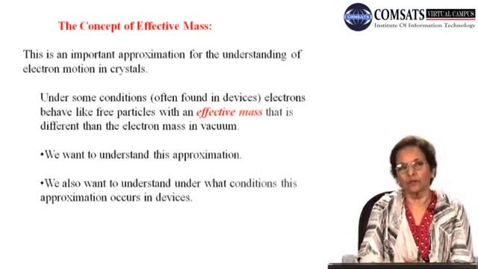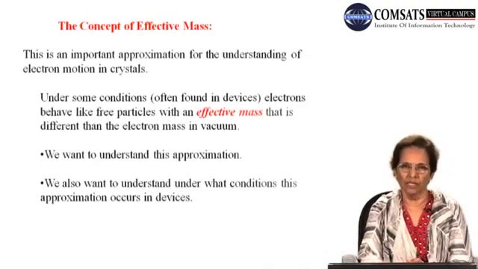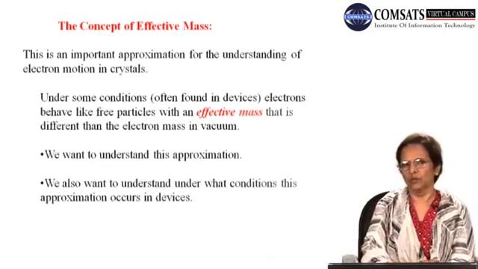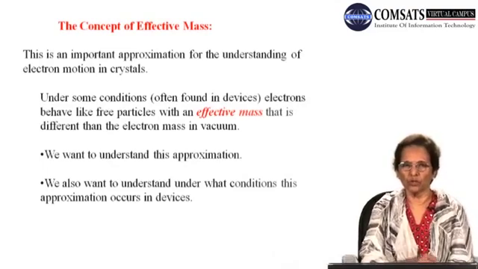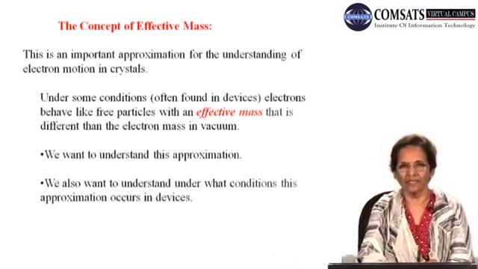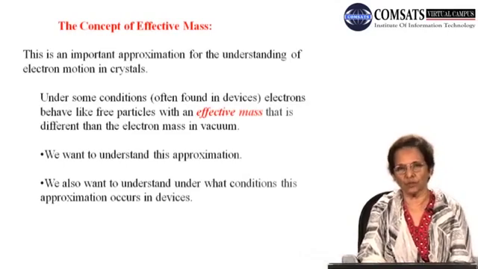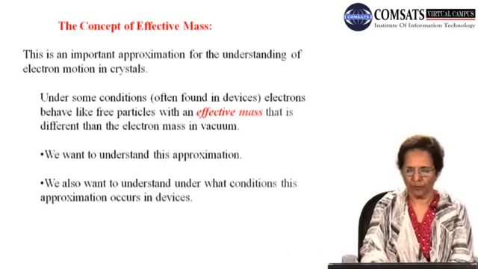Thus, what happens? The electron does not accelerate as envisaged in our Newtonian equation. Therefore, we modify the mass of the electron from m0 to some other mass in the semiconductor crystal, and this is termed the effective mass approximation, or the concept of the effective mass.